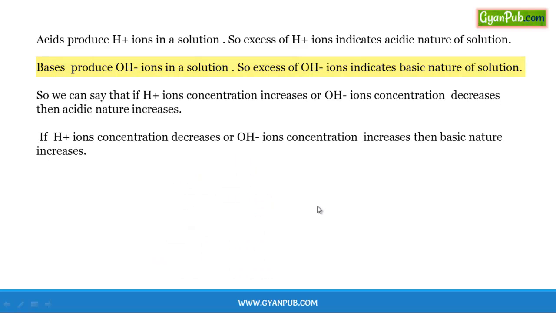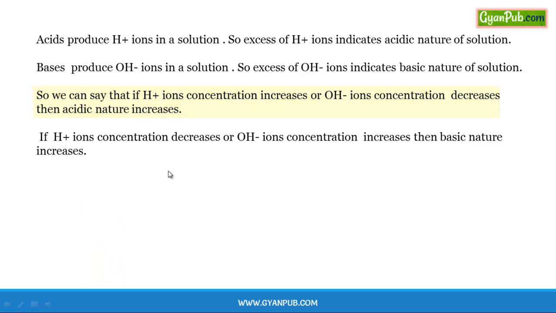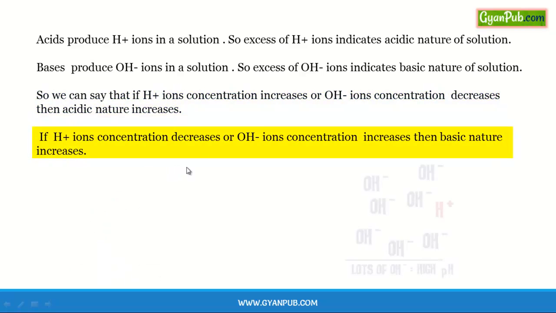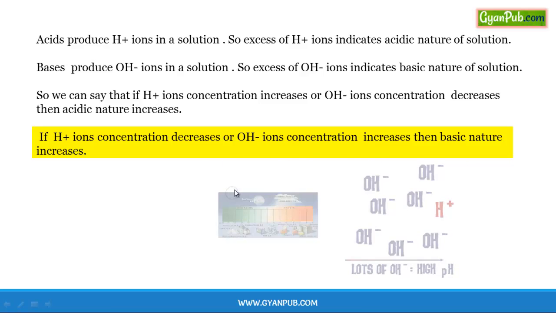So at last we can say that if the H+ ion concentration increases or the OH- ion concentration decreases according to the pH scale, then the acidic nature increases. And if the H+ ion concentration is decreased and the OH- ion concentration is increased, then the basic nature increases.